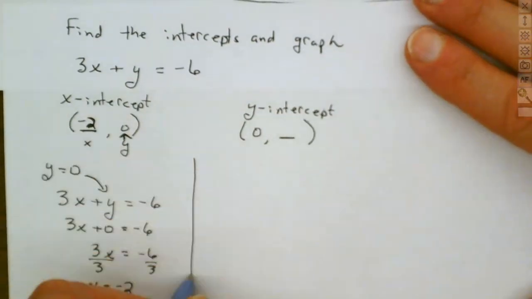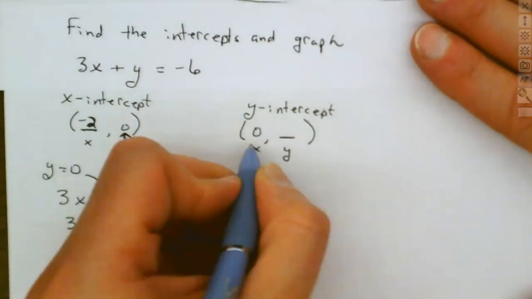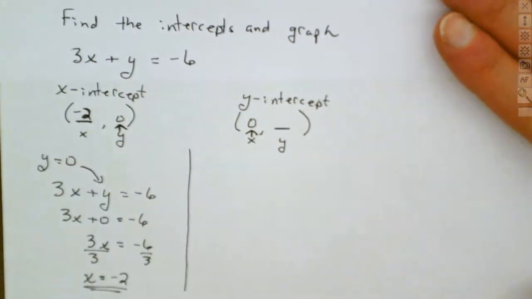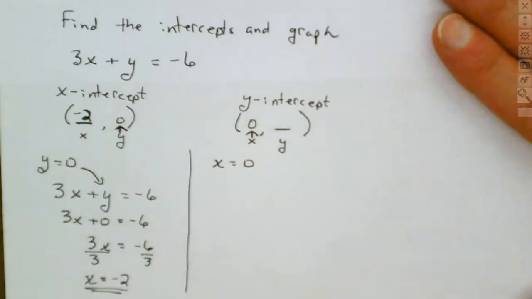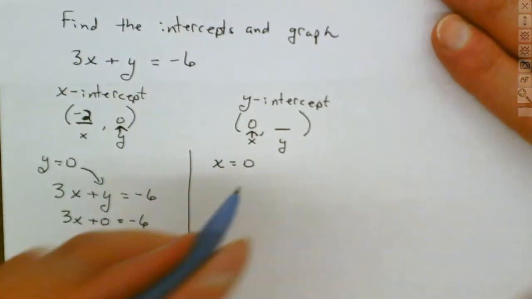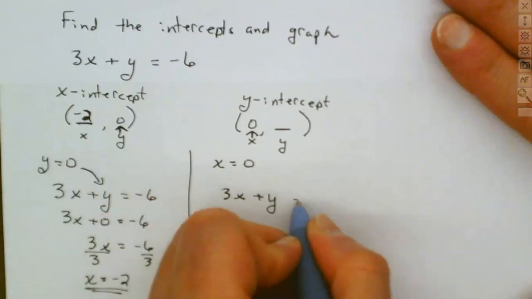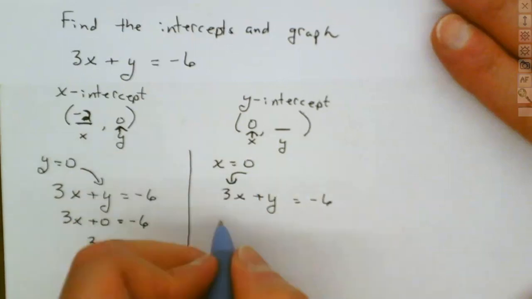What about the y-intercept? Well, the y-intercept, in that case, we're going to plug in x equals 0. So for the other one, we plug in x equals 0. And we've got 3x plus y equals -6, but we know that that x is going to be replaced with 0.